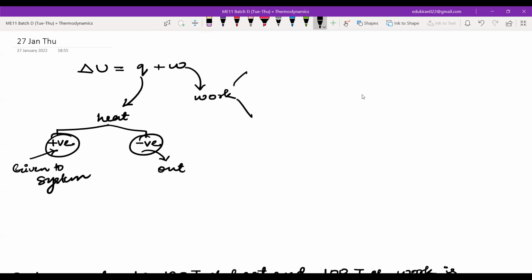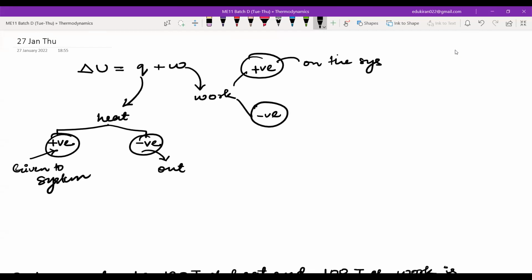Similarly, for work also, we said that there are two conventions for sign, again positive and negative. If work is done on the system, then whatever amount of work is done in units of energy, we will take that as positive.